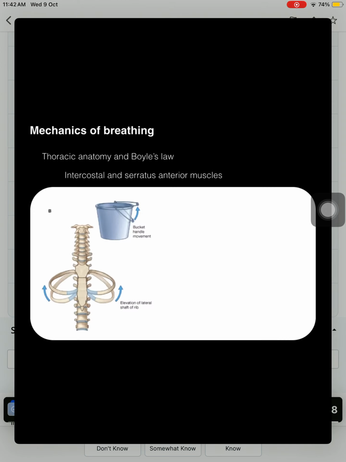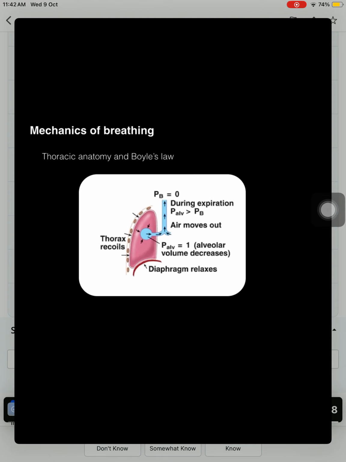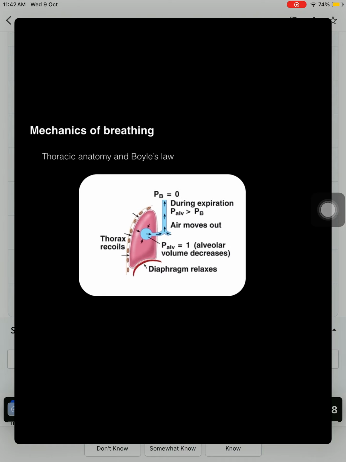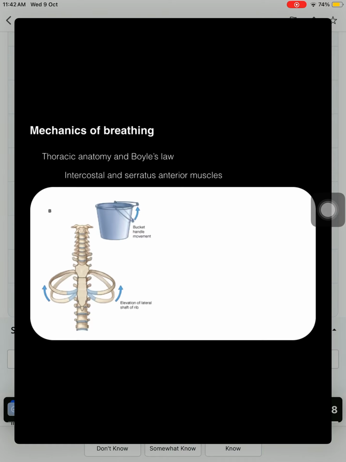So some of the other muscles contribute to changing this, because one of the things I should show here is that the diaphragm, when it contracts, is increasing the volume of the lungs in a superior-inferior axis. When the intercostal and serratus anterior muscles contract, that's increasing the volume of the lungs laterally by lifting the ribs up. The example is you see that bucket handle movement, moving it up.